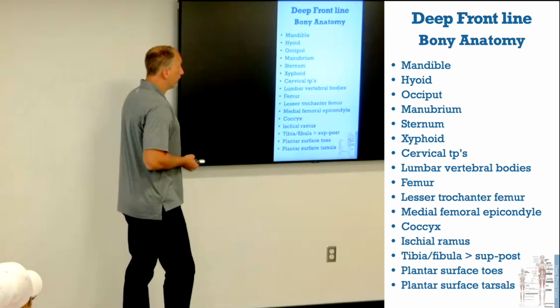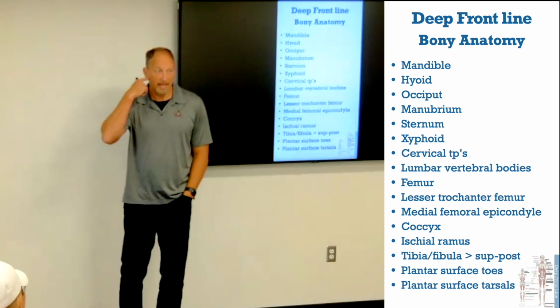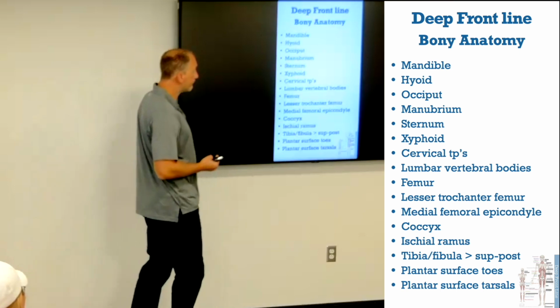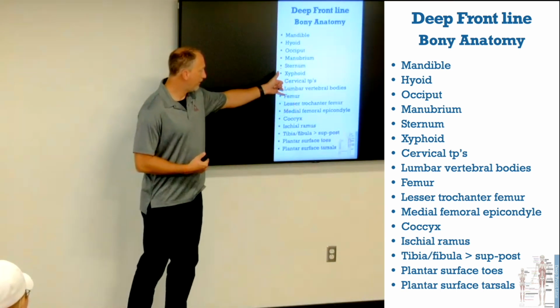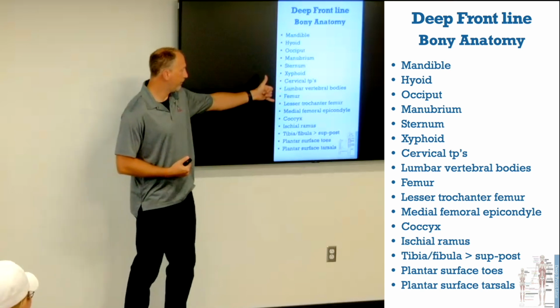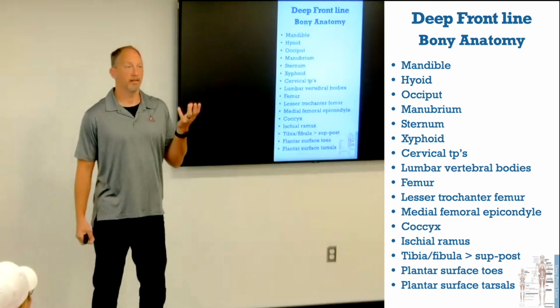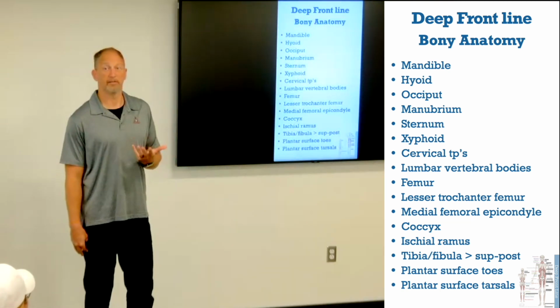So again, when we look at it from a bony anatomy standpoint, we go all the way from the head down to the feet, and we're hitting everything in between. And we're hitting multiple places. Like we have the shaft of the femur, the lesser trochanter of the femur, and the medial femoral condyle. How involved do you think femoral movement is with the deep front line? It's extremely involved.